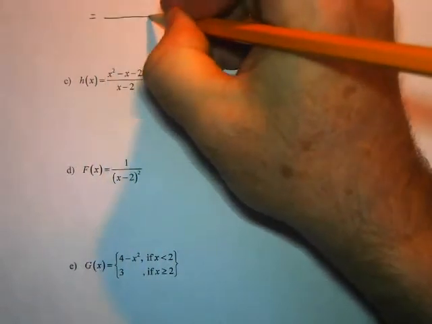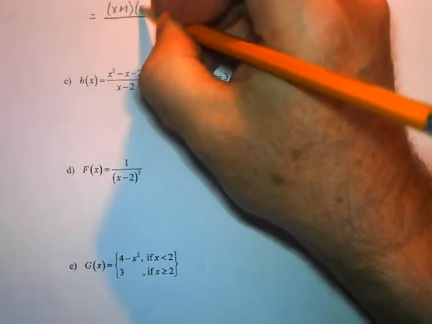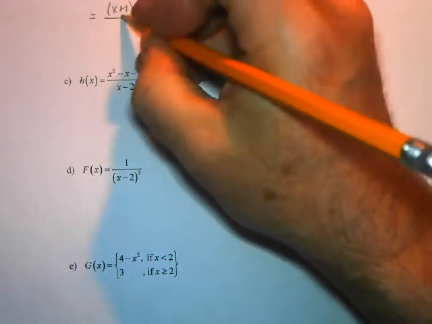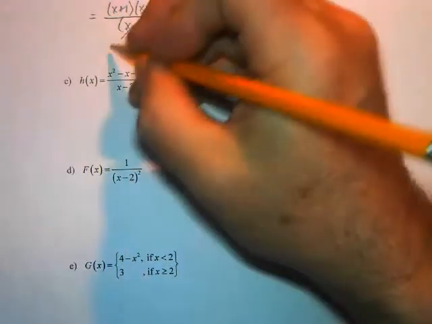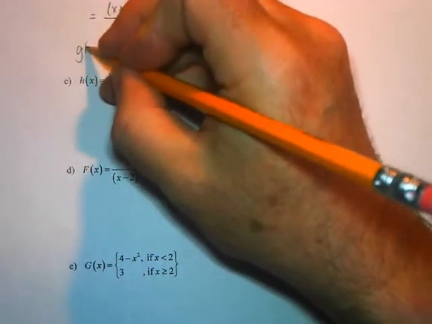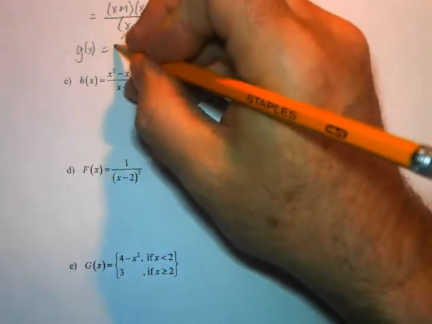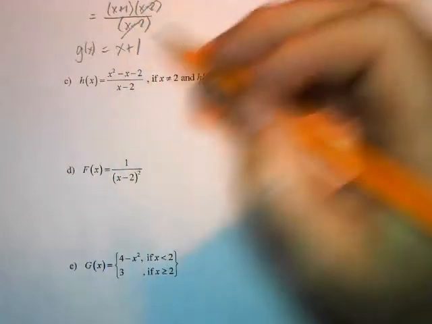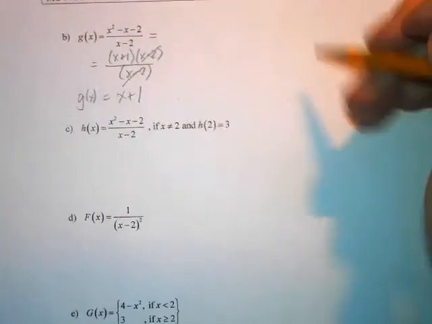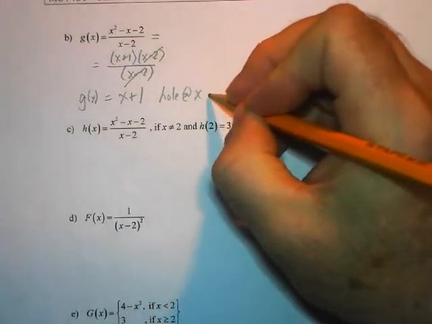That's going to be x plus 1, x minus 2 over x minus 2. Those two cancel out, and we're just left with g of x is equal to x plus 1. And because we canceled those two factors out, that tells us there's a hole at x equals 2.